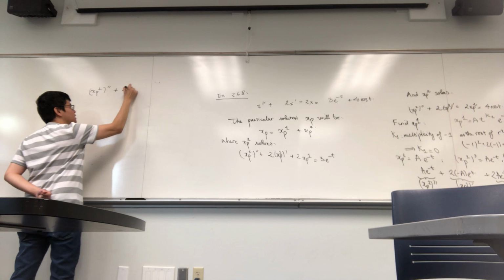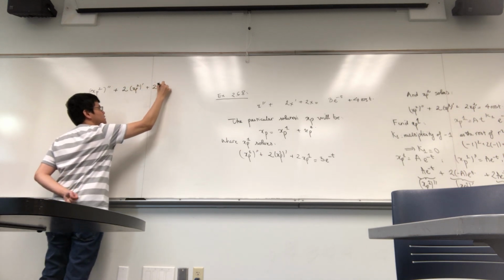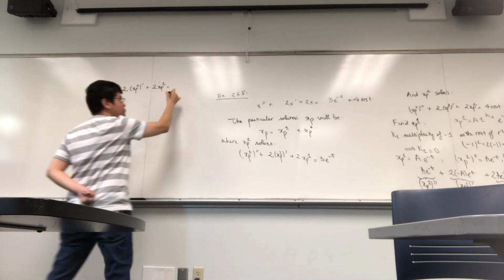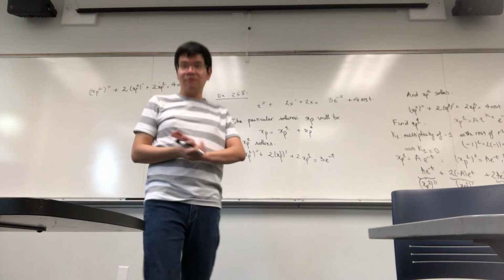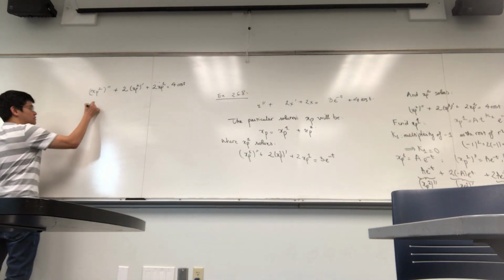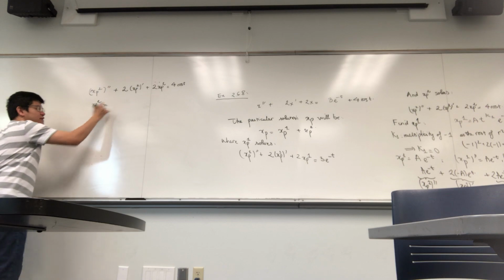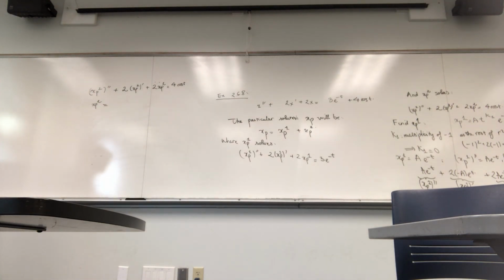This will be xp2 second plus 2 times xp2 prime plus 2 times xp2, and this is equal to 4 times cosine of t. All right? So what is the form of xp2? Yes, it's t to the k times a cosine t plus b sine t.